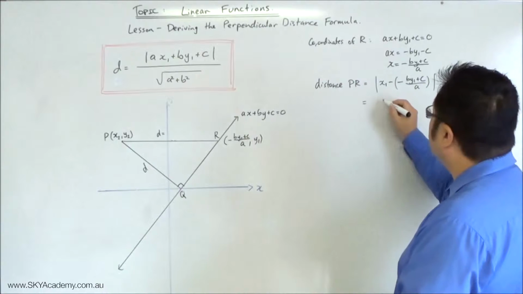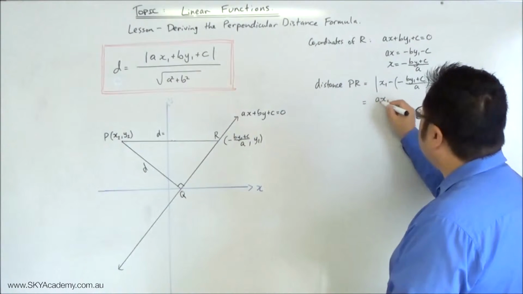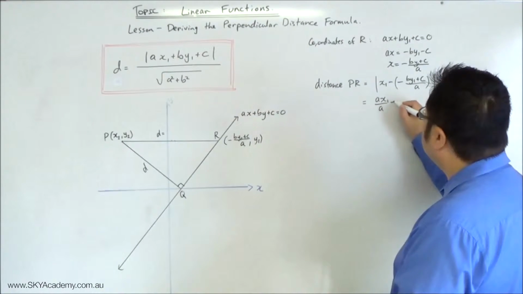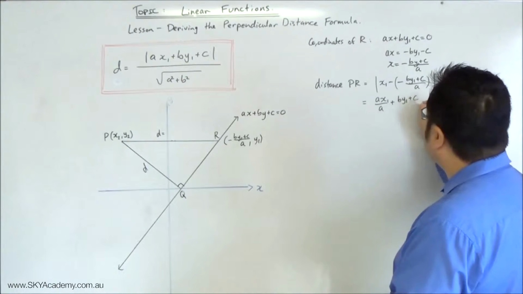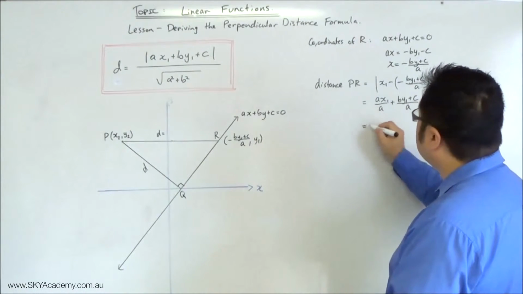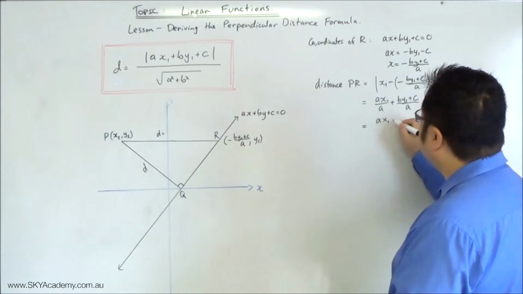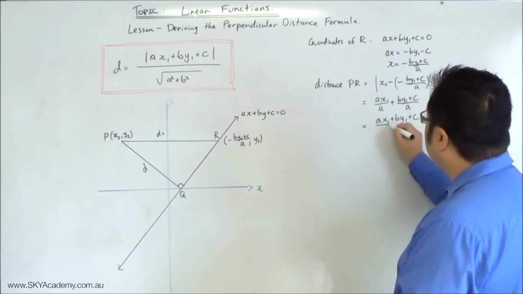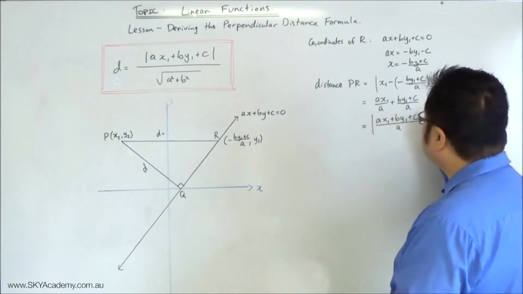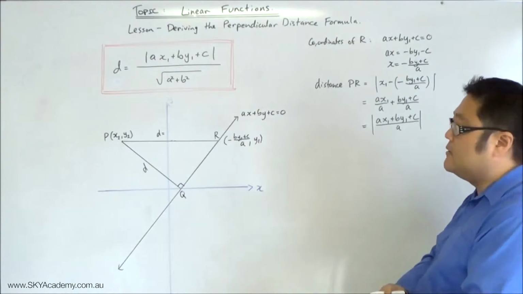It would be ax1 over a plus by1 plus c all over a, which would be ax1 plus by1 plus c all over a, and it's the absolute value of that. Does that make sense?